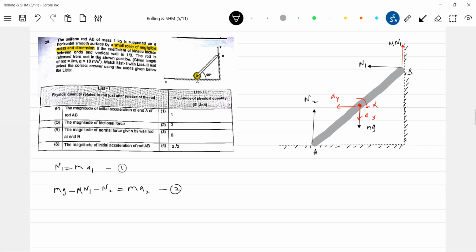Now talk about torque about center of mass. This will be theta.